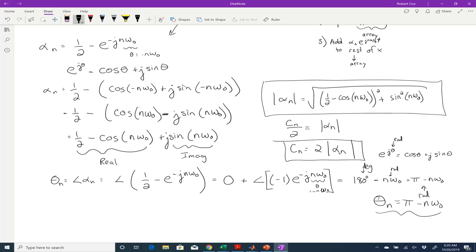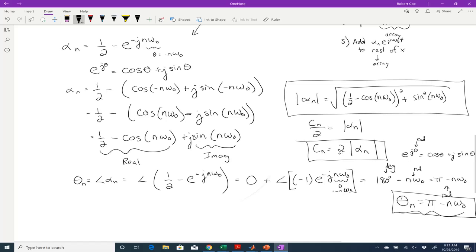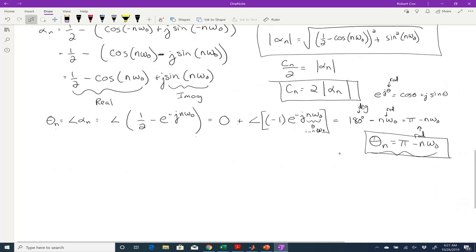All right, so I'm almost ready to go. There's one caveat that I should be careful about, right? What happens at n equal to 0? Okay, what happens at n equal to 0? So let's be careful about that for a second.